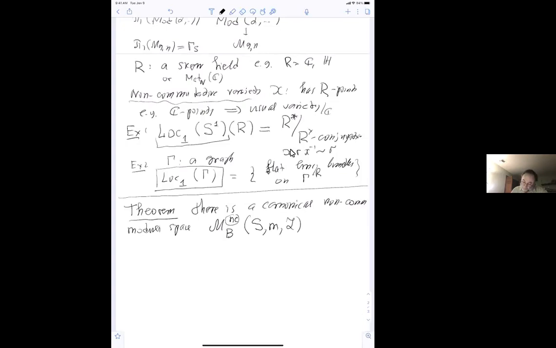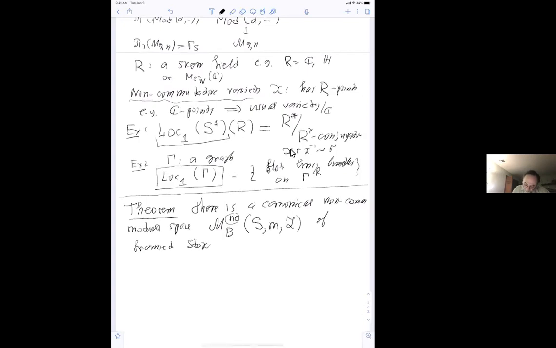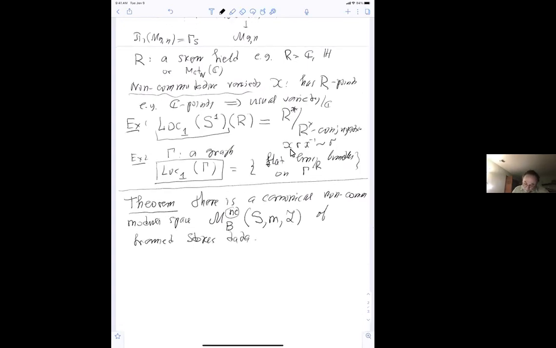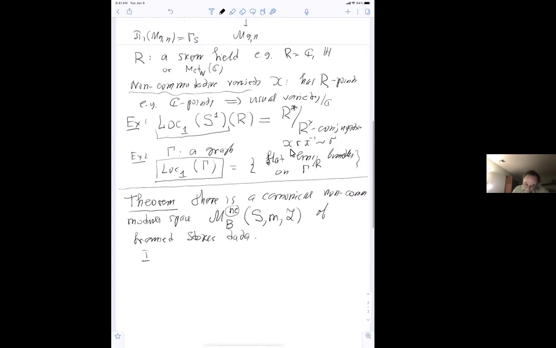So this is a moduli space of framed Stokes data, I'll explain what framed means a little later. And moreover, it carries a natural non-commutative cluster Poisson structure.